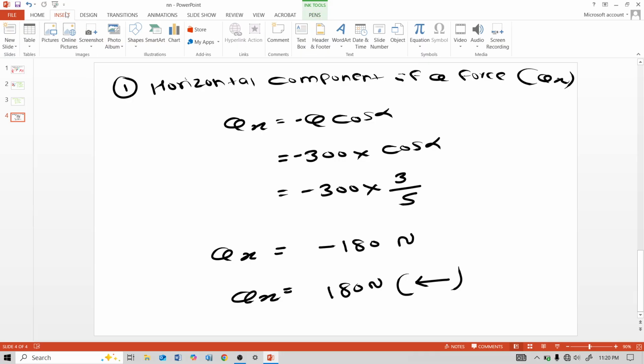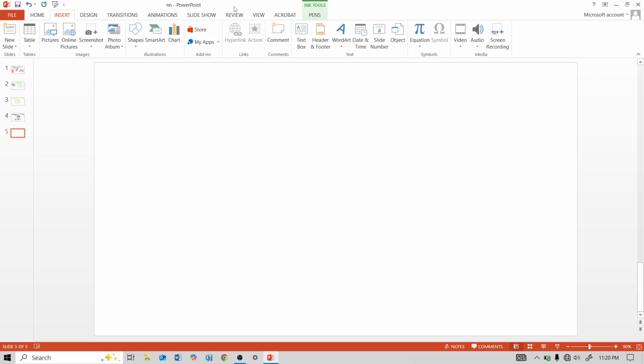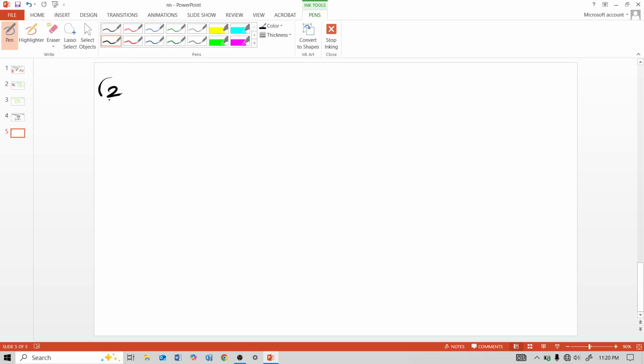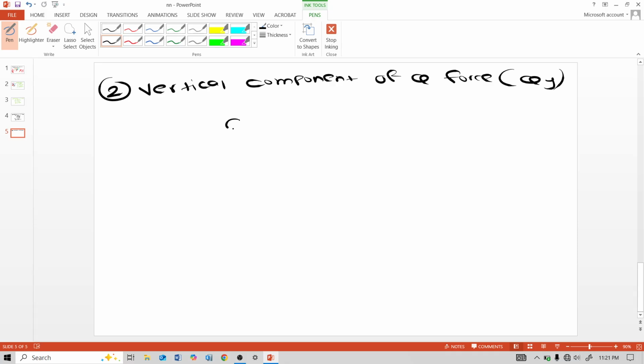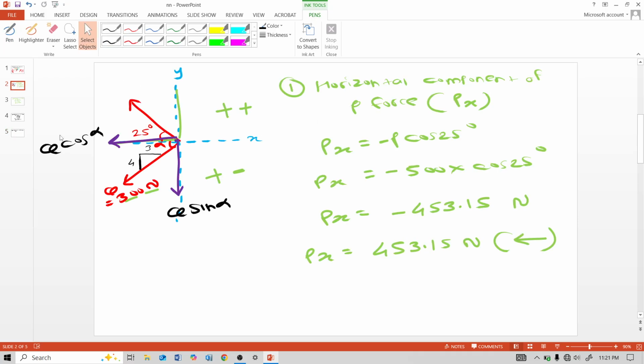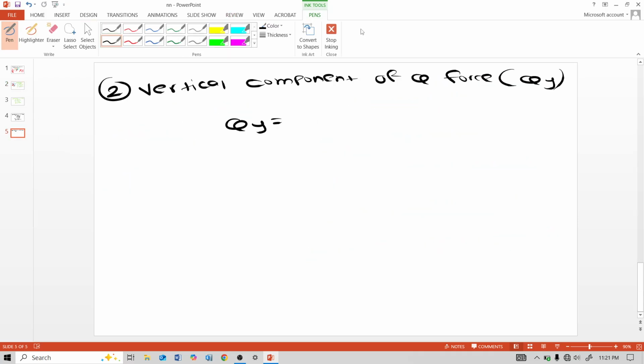Our last challenge is to calculate the vertical component of Q force. So the vertical component of Q force, that means Qy. So Qy is equal to, see this Q sin alpha, and it is negative Q sin alpha because this Q force is in the third quadrant, and in the third quadrant the y axis is negative.